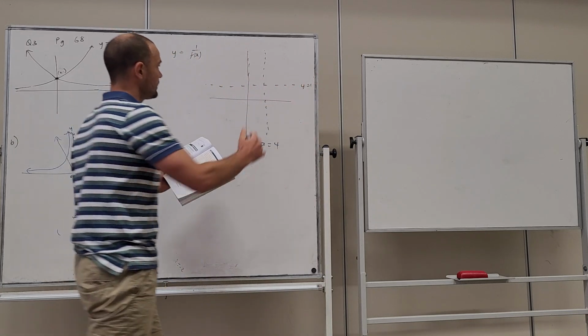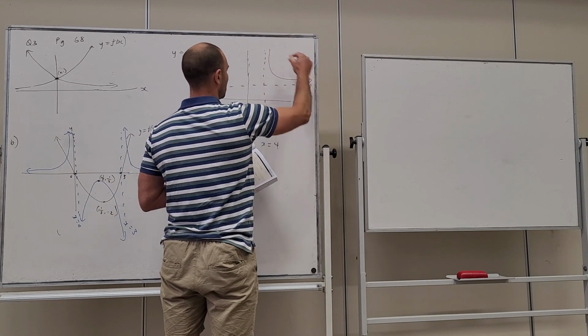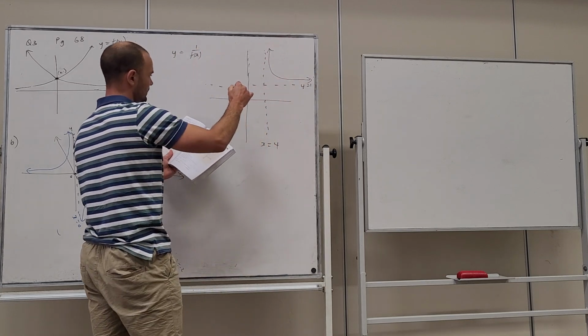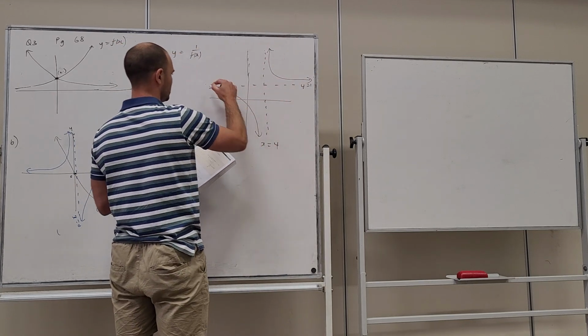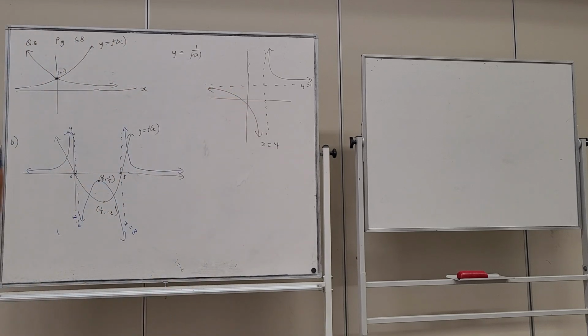And it is here, and it is here. Okay, so we don't have a maximum or minimum point, so we won't need to worry about that. We do have a 0 though.